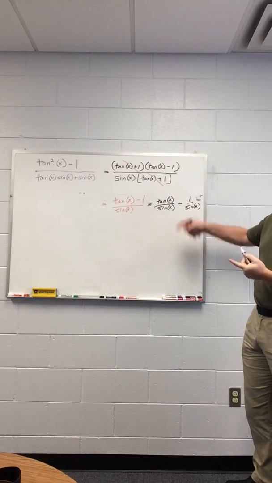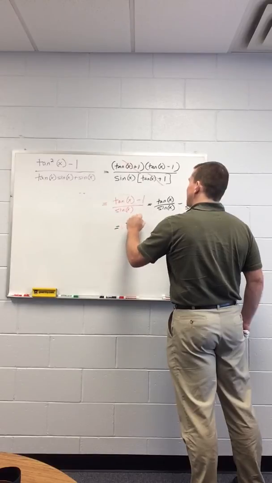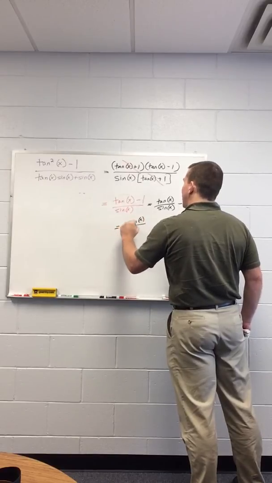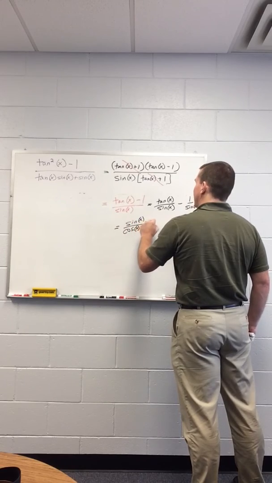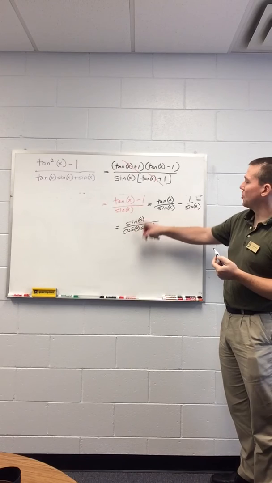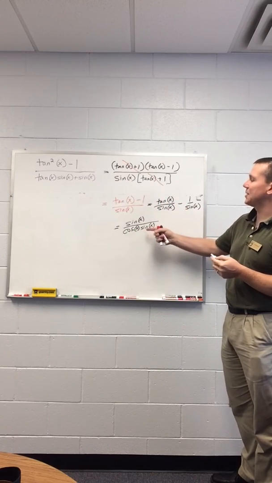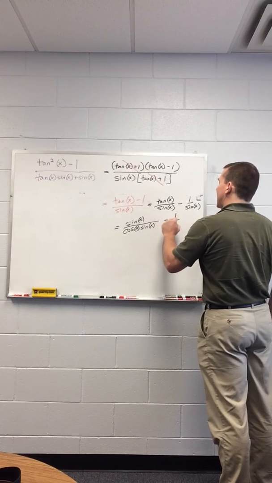We said I can write tan as sine over cosine. So that's going to be sine x on top, and then the cosine x goes on bottom and gets multiplied by the sine x. If you're a little unclear, sine x over cos x is tan x, and then I have the other sine x on bottom. Minus 1 over sine x.